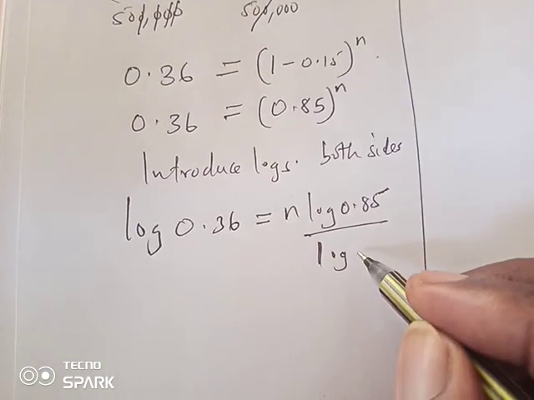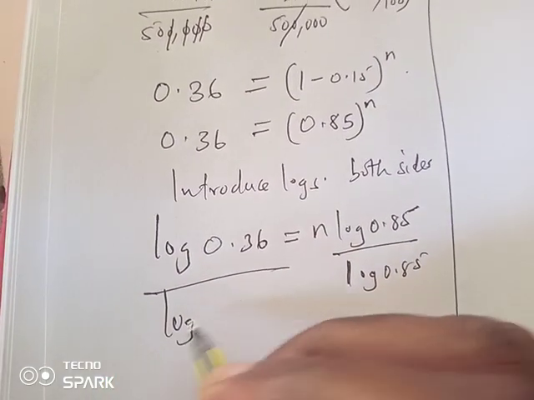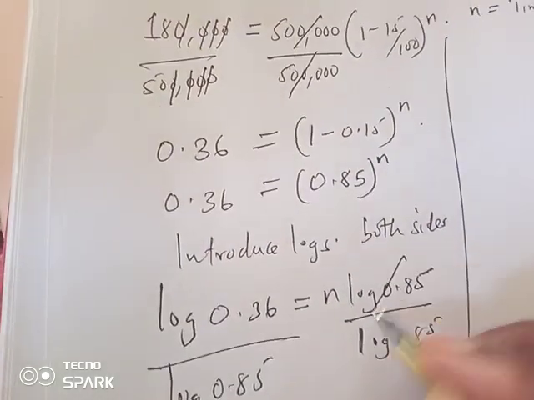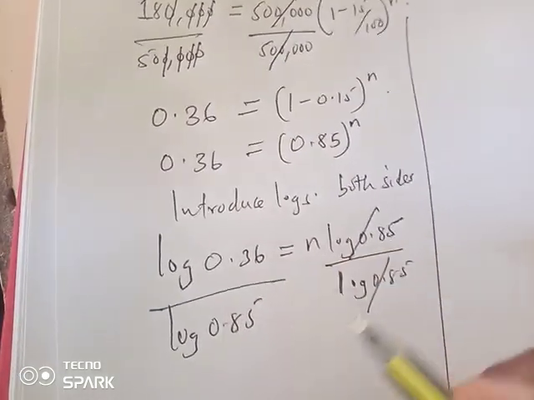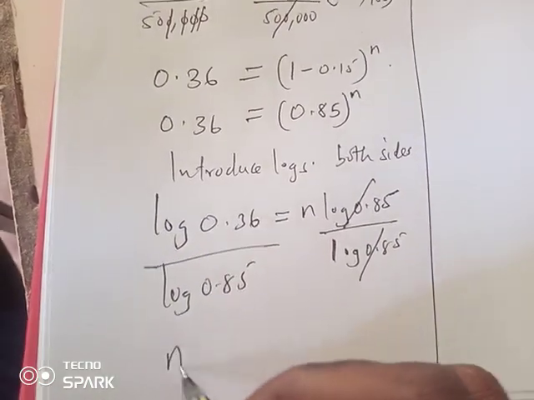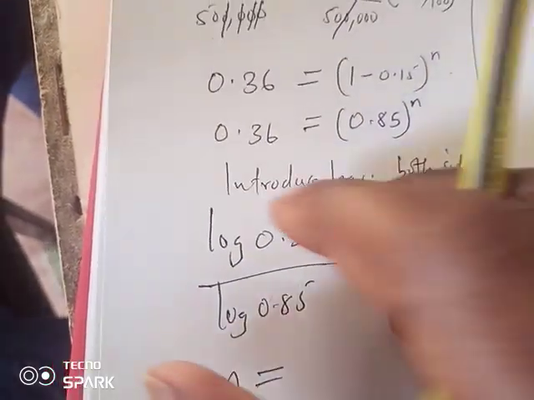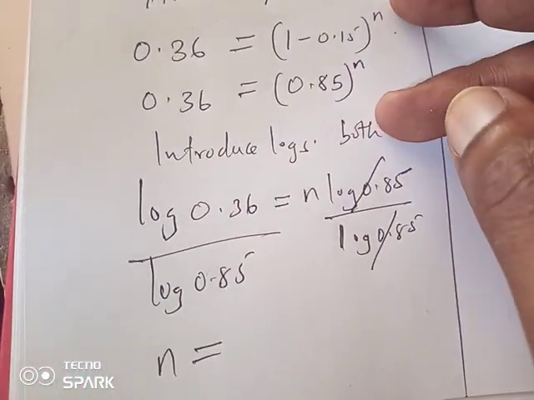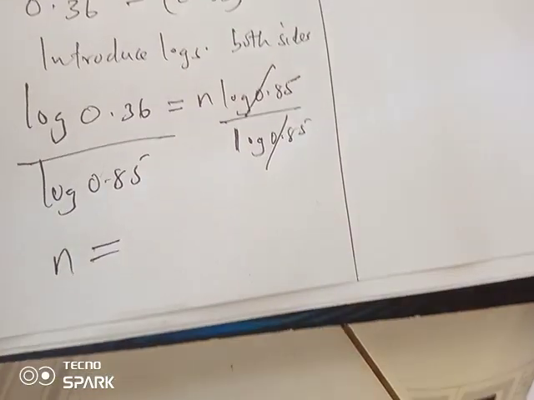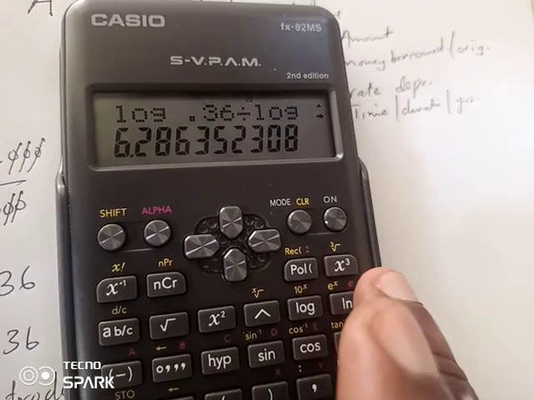So divide by log of 0.85 on both sides. So this cancels that. So as I check from my calculator, n therefore remains alone to be log 0.36 divided by log 0.85, and therefore dividing that we get 6.286.